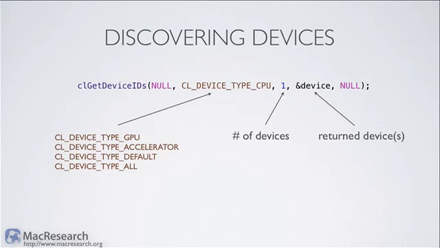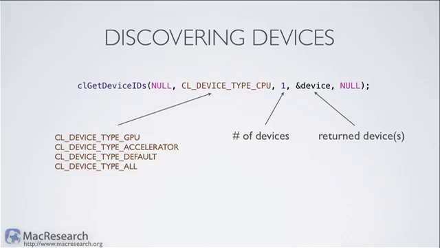So the function is clGetDeviceIDs, and overall this is a very simple function call, but what you'll notice here are there are probably 3 elements that you really want to focus on. The second parameter to this function call is, what type of device are you looking for?